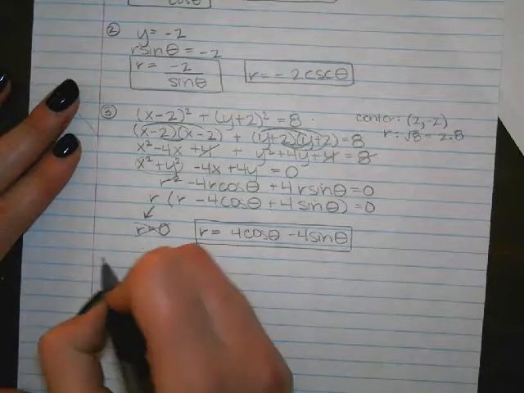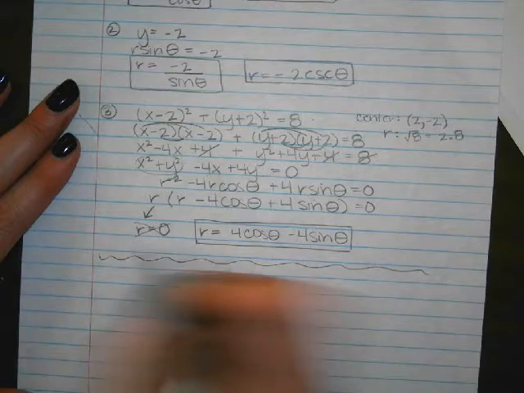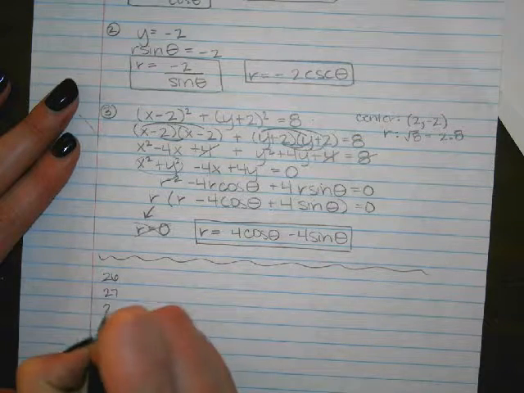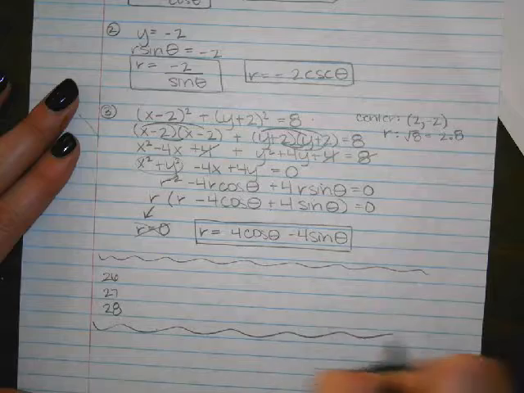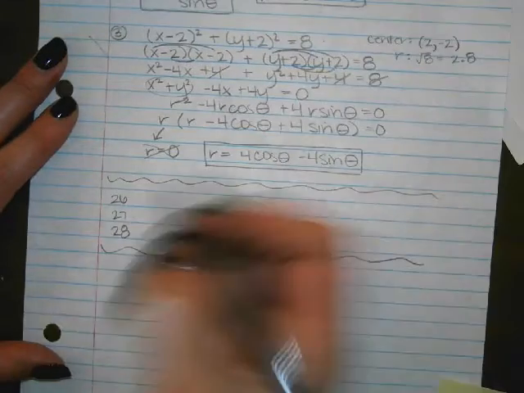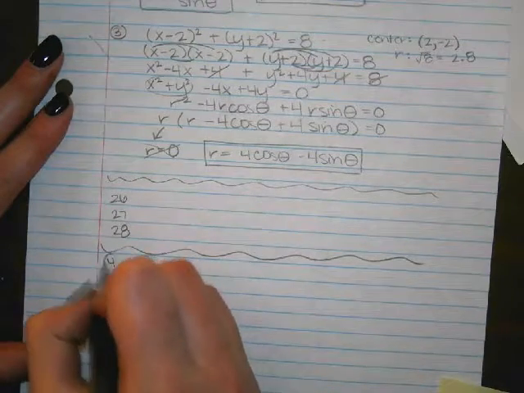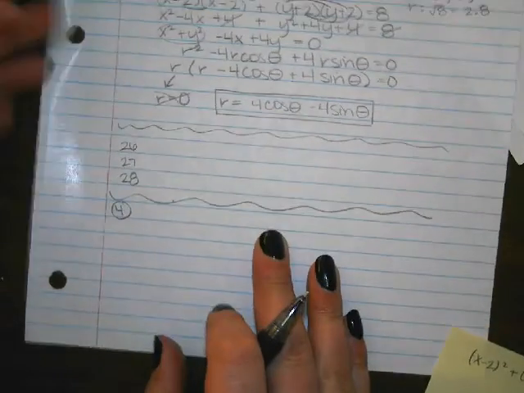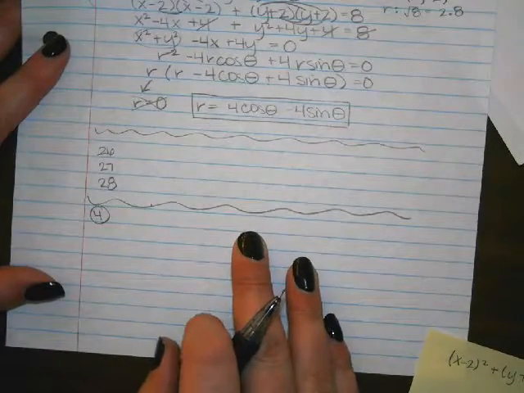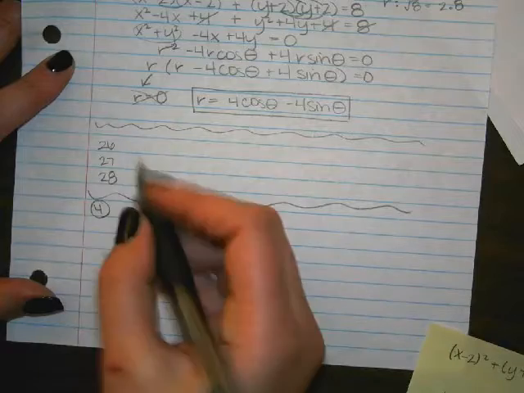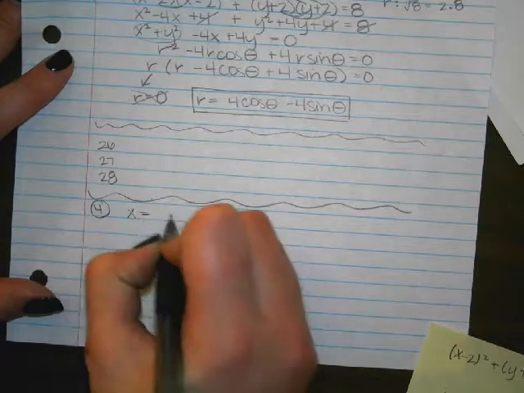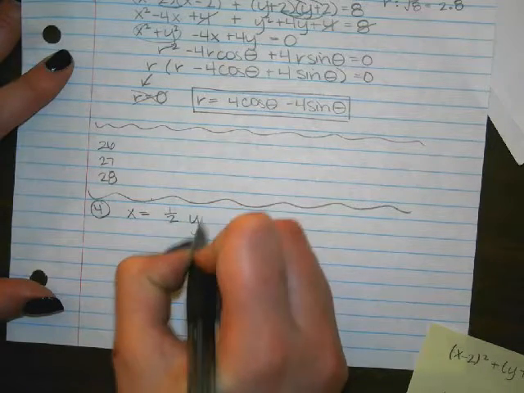All right, so after number 28, on your paper, you should have 26, 27, 28. And now we're going to do number 4 of the class problems together. Number 4 is x equals 1/2 y squared.